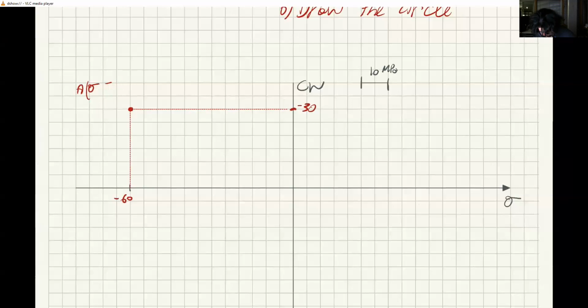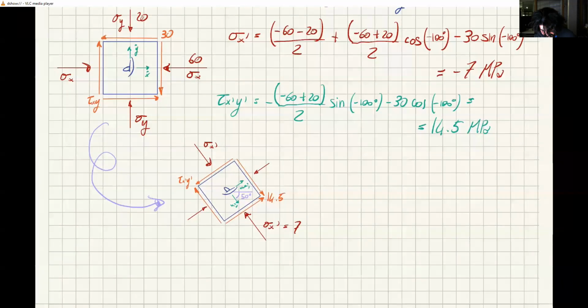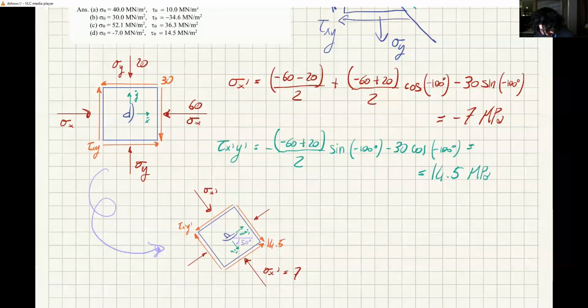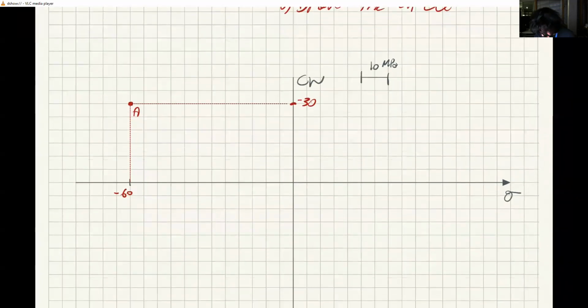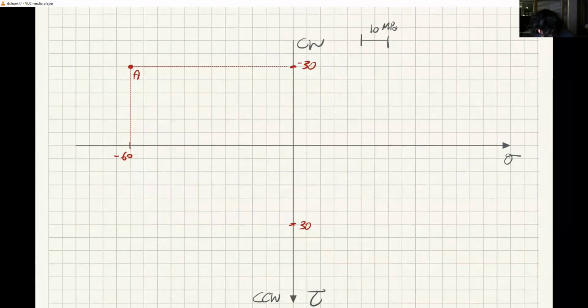Let me draw point A here. Let me find point B. Point B is at sigma y, so minus 20, and tau yx, which is of course 30. Now that is 1, 2, 3. This is 30. And sigma y is minus 20, so it's here. So just draw these lines.